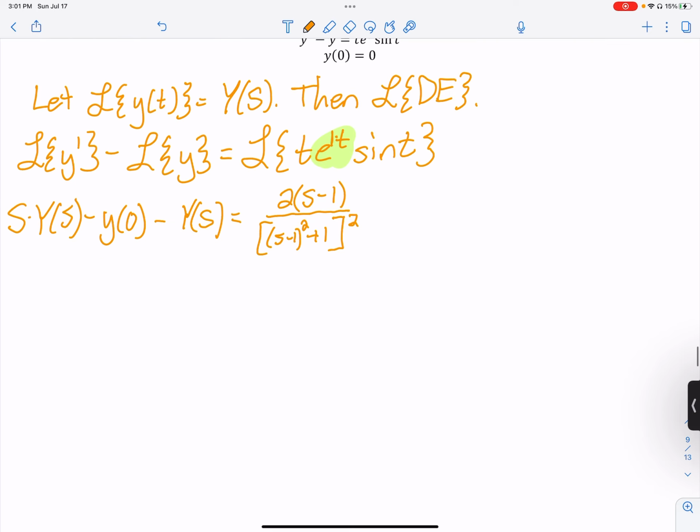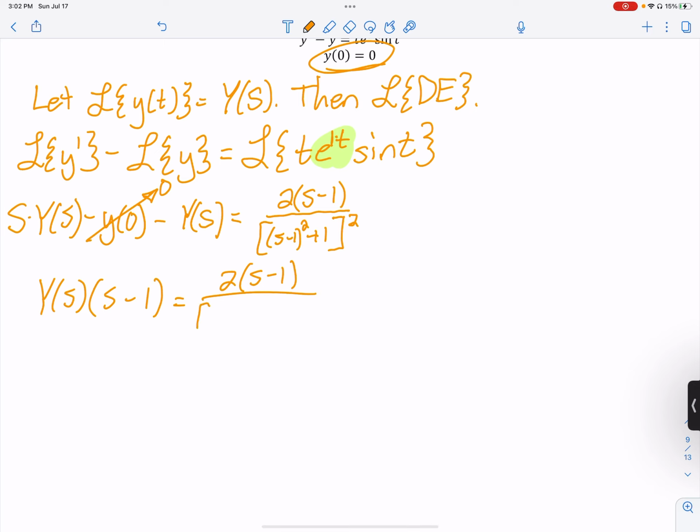Right, now I solve for big Y of s. I'm going to factor it out. There are two terms here. We get s minus 1 times big Y of s. Y of 0, thankfully that's gone. It's just a 0. That came from here. Equals 2, and I don't multiply anything out until I know I have to. Save time, and then also things are going to go away here.